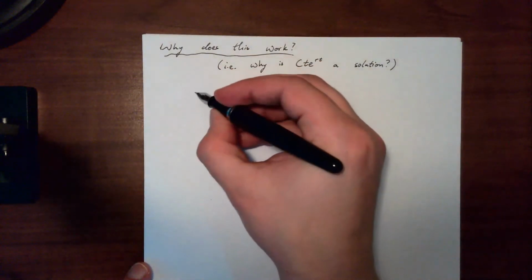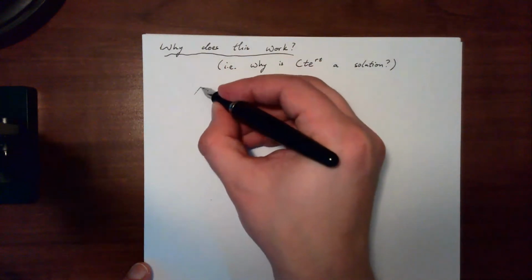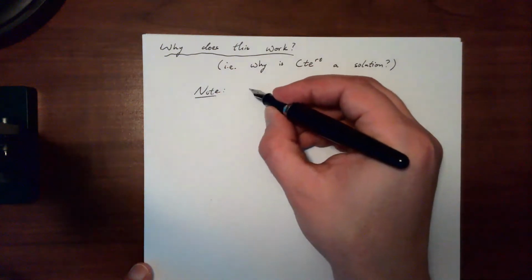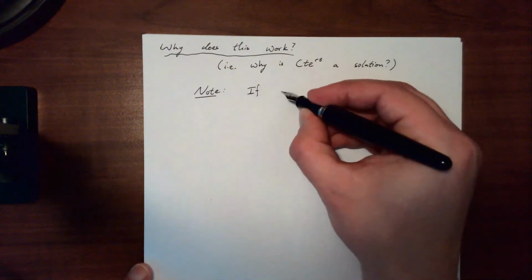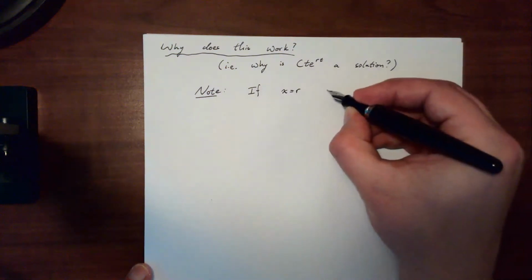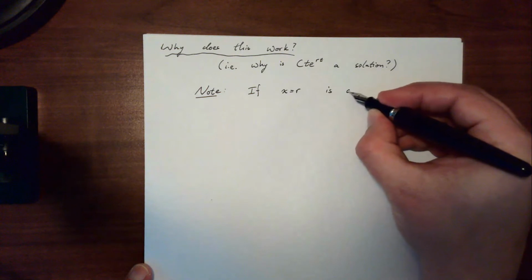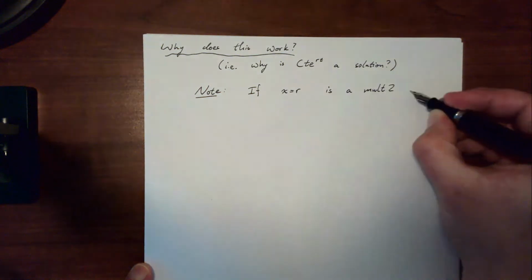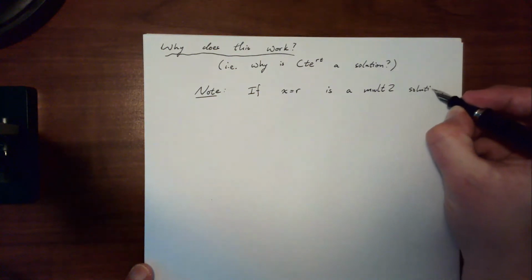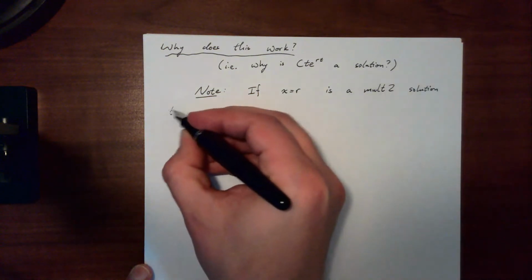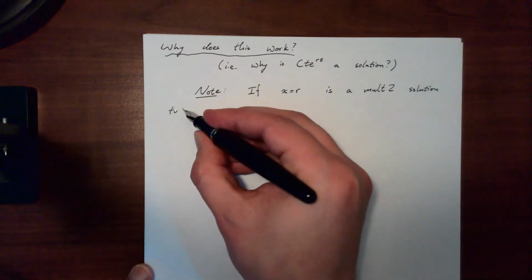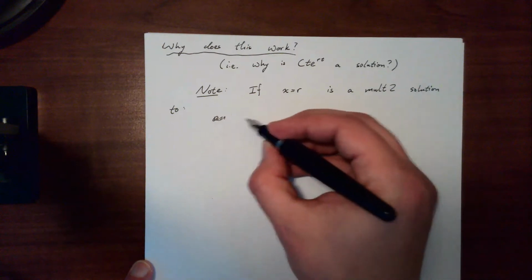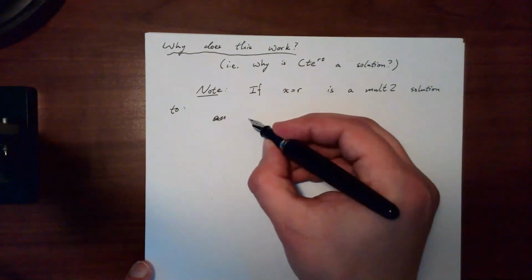So here's just a little note. If, let's just say, x equals r is a multiplicity 2 solution to the equation x squared plus bx plus c equals 0. I was going to put ax squared, but there's no reason why we need the a here.